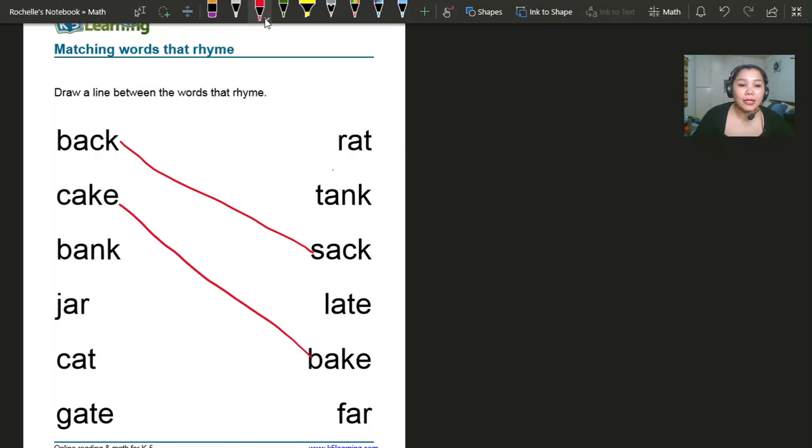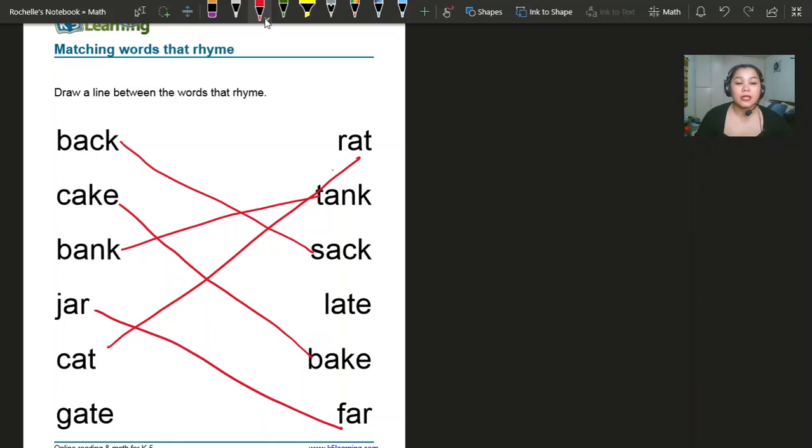Next one, bank. Okay, it's already given from the previous activity. It rhymes with tank. Jar, it rhymes with far. Cat, it rhymes with rat. And then gate, it rhymes with late.